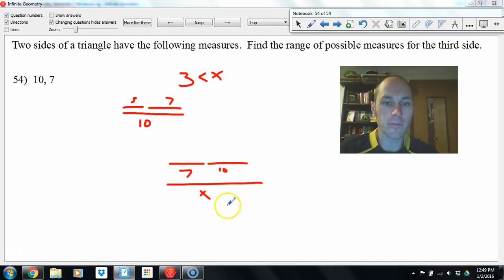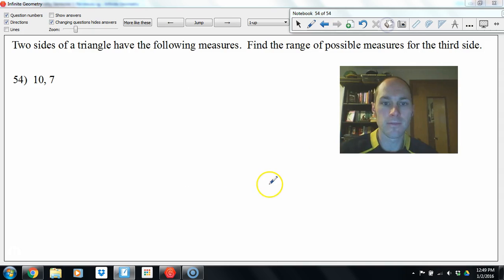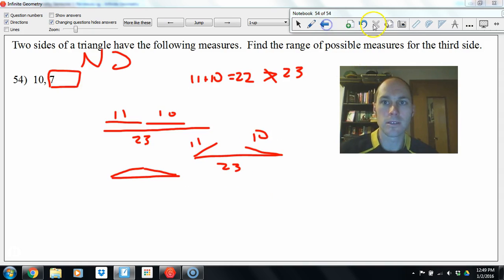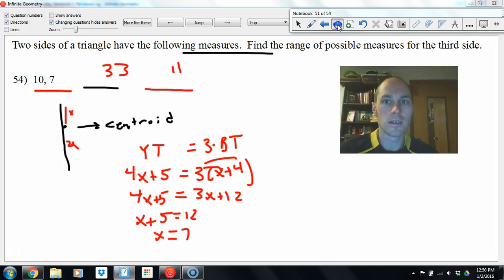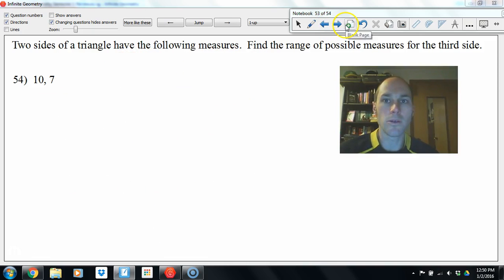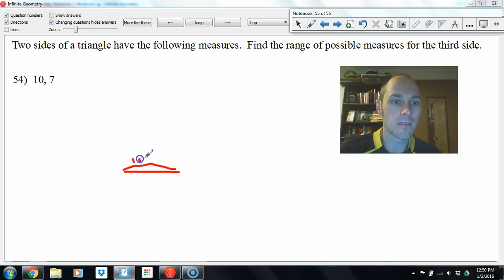So this side would have to be a little bit shorter than that, so that we could find the last side. I guess I lost my drawings. Anyway, so we'd have to have just slightly smaller than 17 if this were 10 and 7.